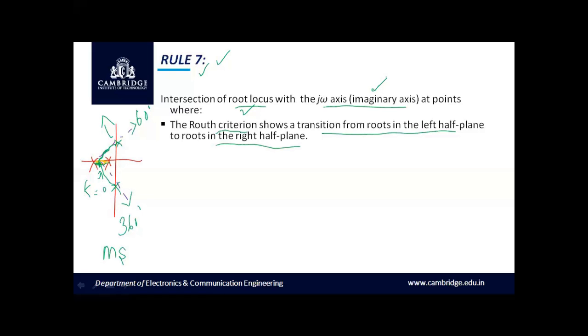And beyond this imaginary axis, if you keep on increasing k, the root tries to enter into the right half of the S-plane and the system becomes unstable. So we can say exactly at the root on imaginary axis, k can be represented as k margin, and we can make use of the stability analysis which we have followed previously for the RH criterion.